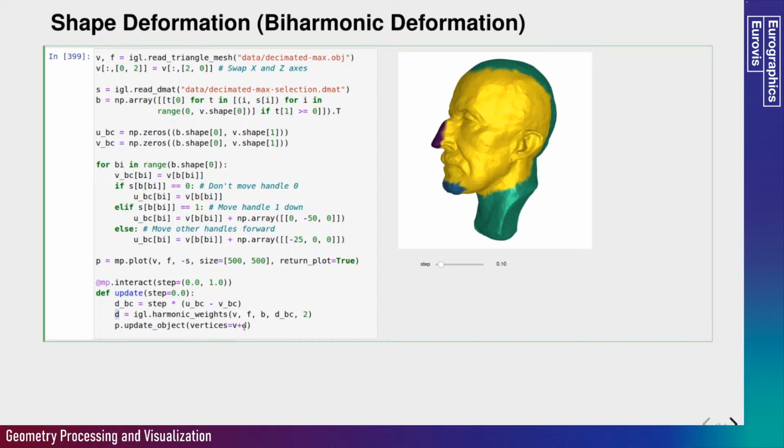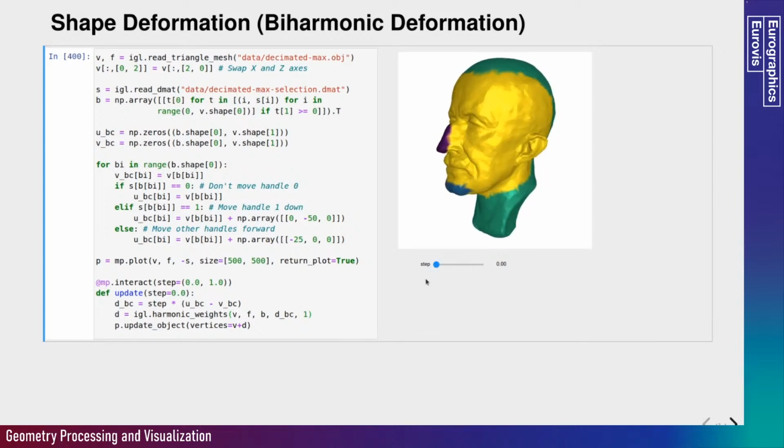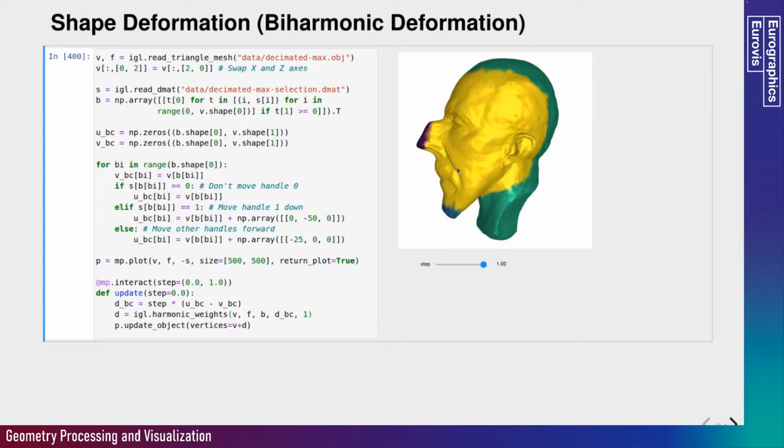And this deformation then moves not only the blue and violet vertices, but also the yellow vertices in a way that is smooth. Let's quickly switch to harmonic deformation here, and we see that it doesn't make a huge difference. Maybe here at the nose it's a little bit visible that it's not as smooth as the biharmonic case.